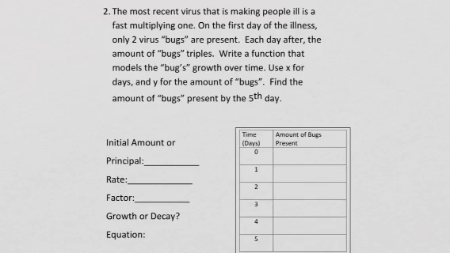Looking now at problem number 2, it says that the most recent virus that is making people ill is a fast multiplying one. On the first day of the illness, only 2 virus bugs are present. So 2 is that initial amount. So the principal here is 2.